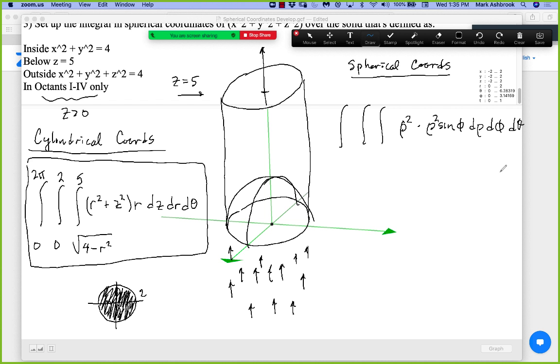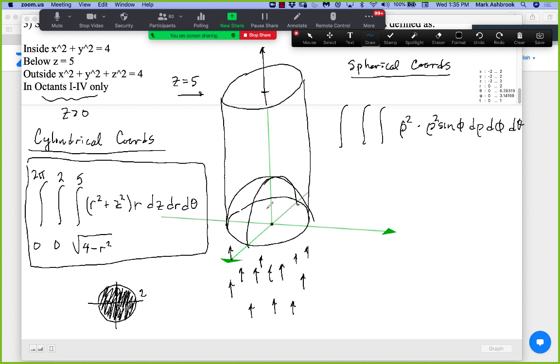Okay, here we go. So now the archer for rho stands at the origin and fires arrows in all directions. So where will those arrows enter into the solid?